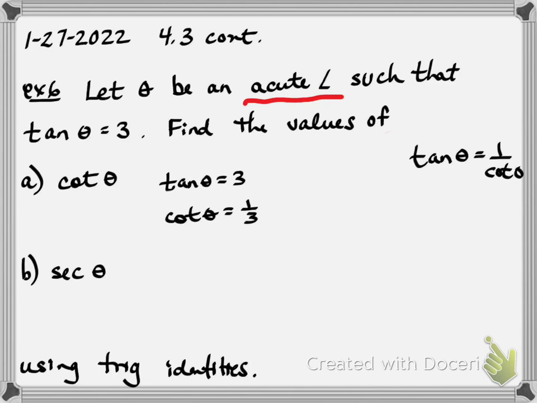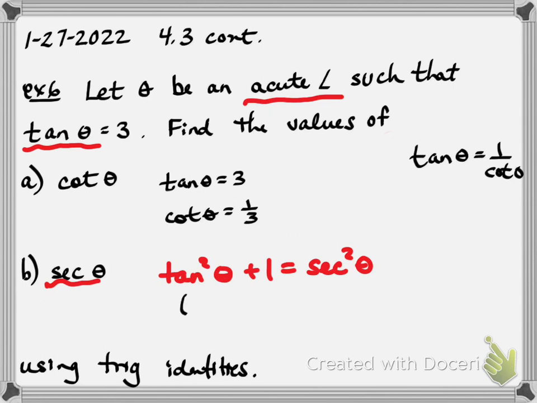For secant of theta, we're going to think, do I know any trig identities that use tangent and that use secant? Well, one of my Pythagorean identities is tangent squared theta plus 1 is equal to secant squared theta. We're just going to substitute things in. We know tangent of theta is 3, so we can put 3 there. Maybe I shouldn't skip that step.